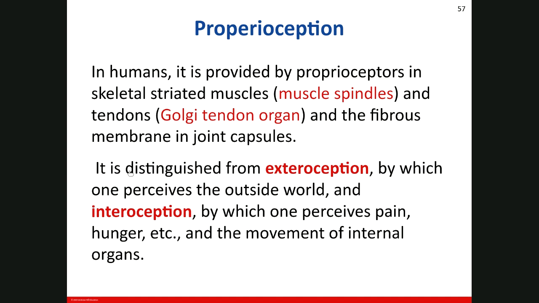You need to distinguish between proprioception and exteroception and interoception. Exteroception are the senses which we have from the outside world, and interoception are the senses which we have from inside of our body and internal organs. They are a little different.